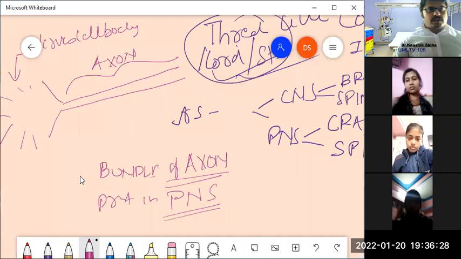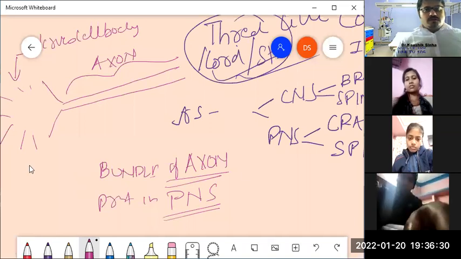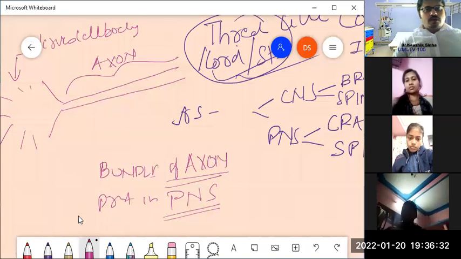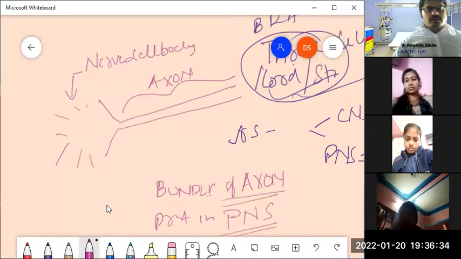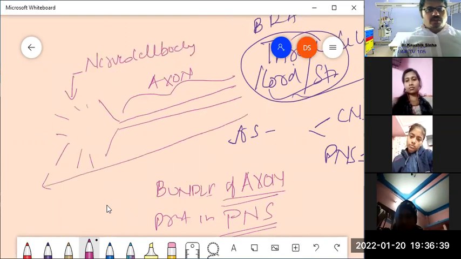You didn't understand? Now, see, the brain and the spinal cord are also made up of these axons and nerve cell bodies. By the way, this entire structure is known as a neuron. So how do you define a neuron? A neuron is the cell of the nervous system.